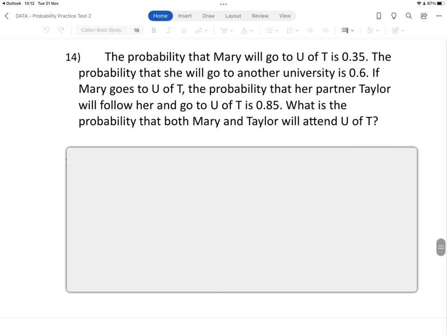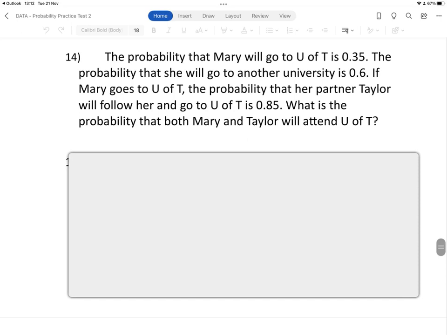Okay, probability Mary goes to the University of Toronto is 0.35. The probability that she will go to another university is 0.6. Mary goes to university, the probability her partner Taylor will follow is 0.85. So the probability that Mary and Taylor will go to the University of Toronto, sorry, it's 0.35 for Mary.